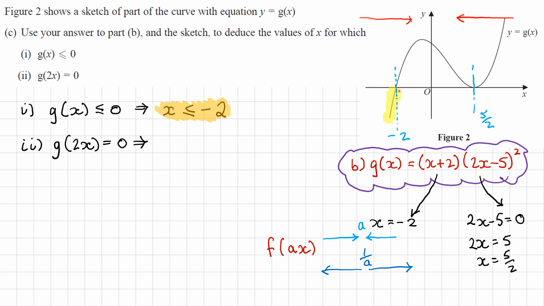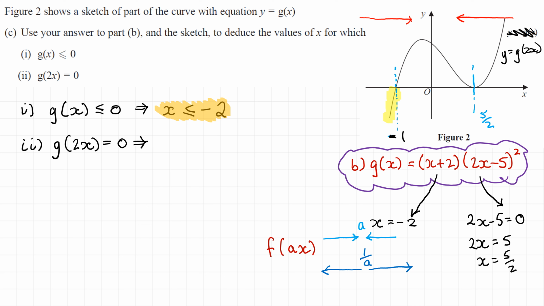And if it's getting squashed by a factor of 2, these x coordinates are going to get squashed closer to the origin. In fact, these coordinates are going to get divided by 2. So -2 will become -1. If I change this to y is equal to g of 2x, this will become -1.